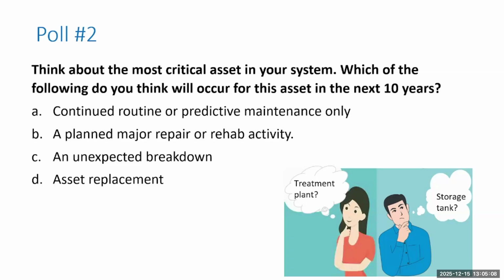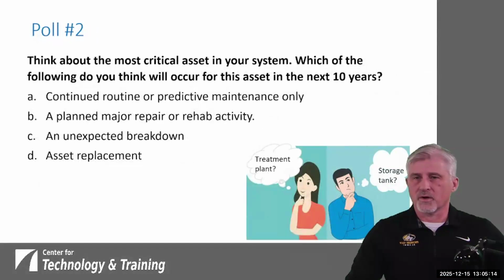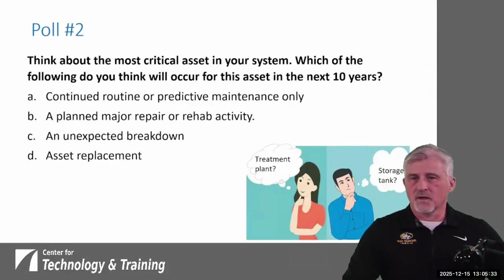So as you can see, 38% of the people said planned major repair or rehab activity, 28% continued routine or predictive maintenance only, 19% for C, an unexpected breakdown, and then 15% D, asset replacement.